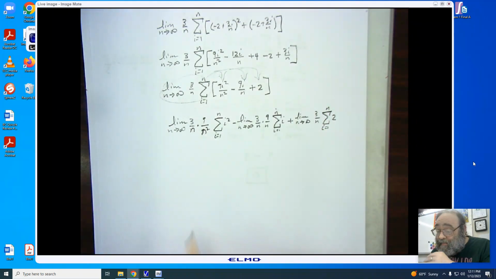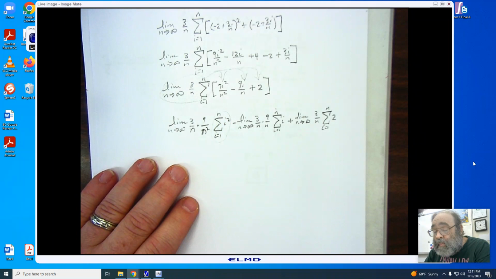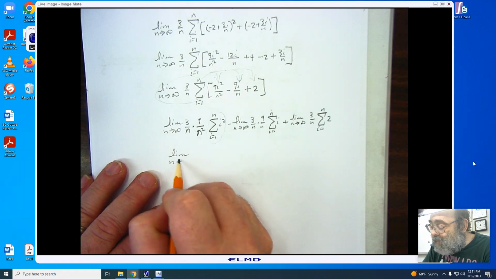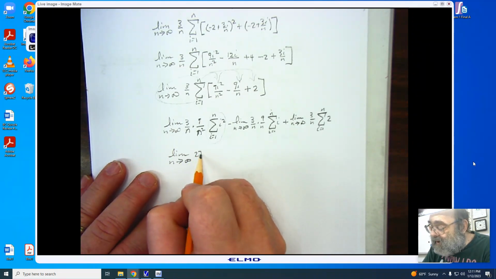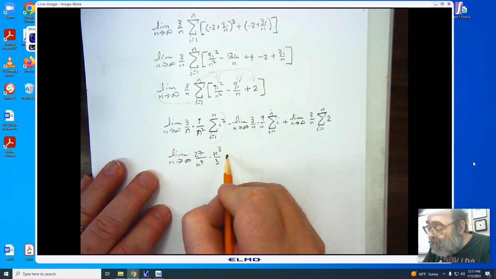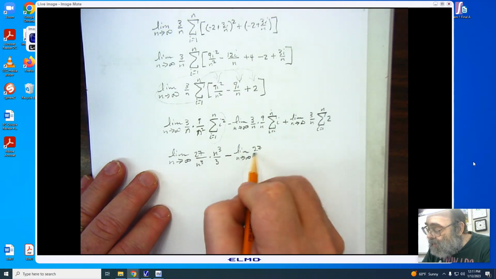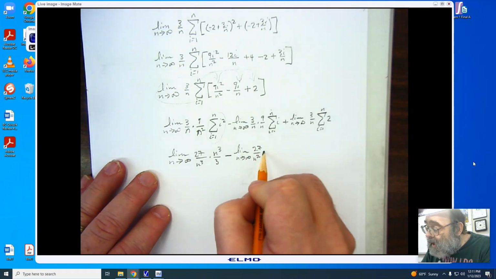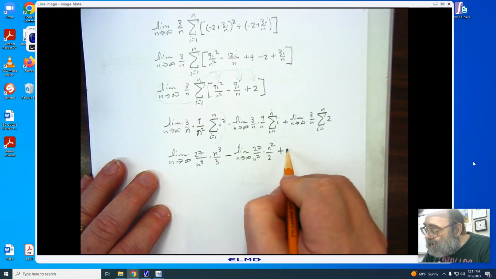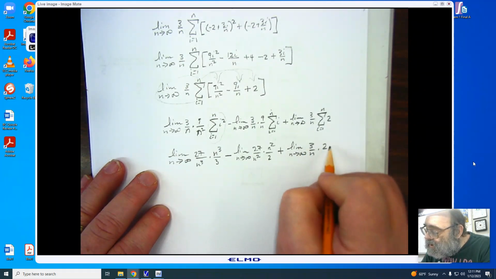So as we said in the previous problem, we're replacing the summation of i squared with n cubed over 3. So I have the limit as n approaches infinity of 27 over n cubed times n cubed over 3, minus the limit as n is approaching infinity of 27 over n squared, and I'm replacing the summation of i with n squared over 2, plus the limit as n approaches infinity of 3 over n times 2n.